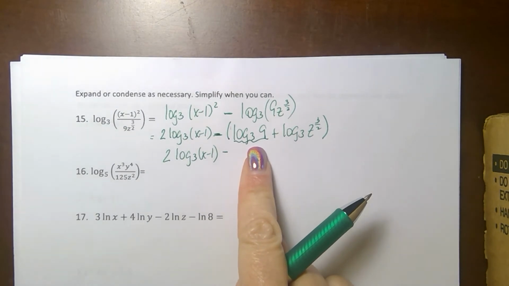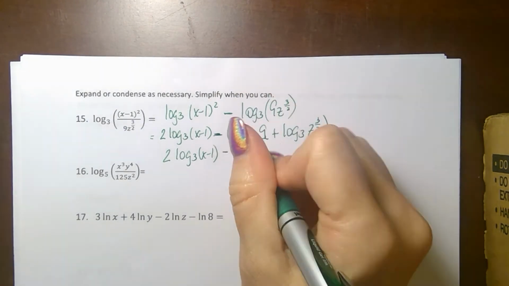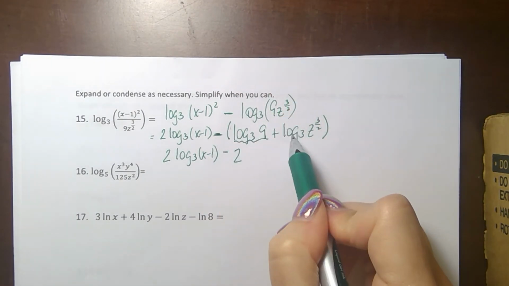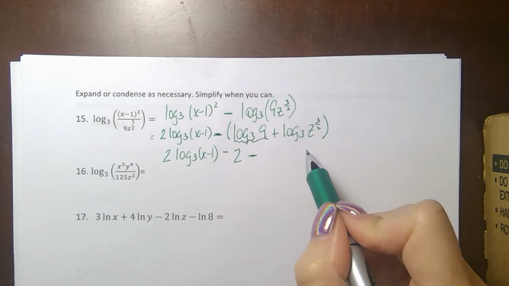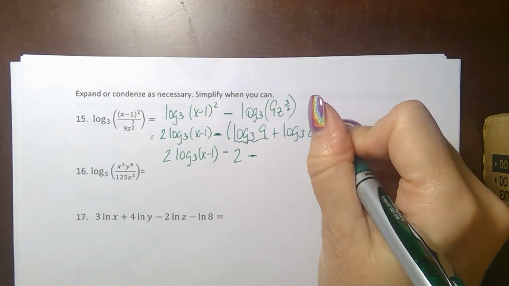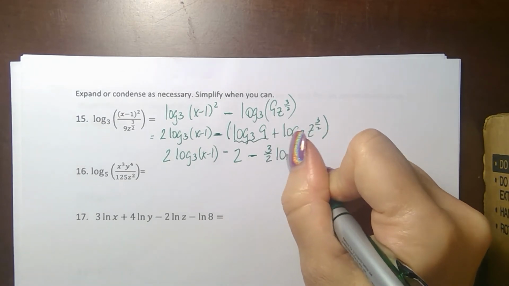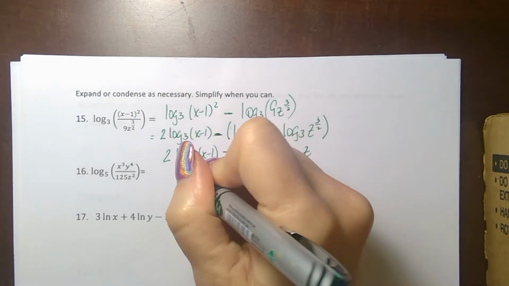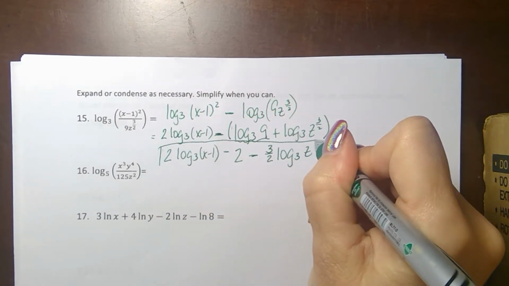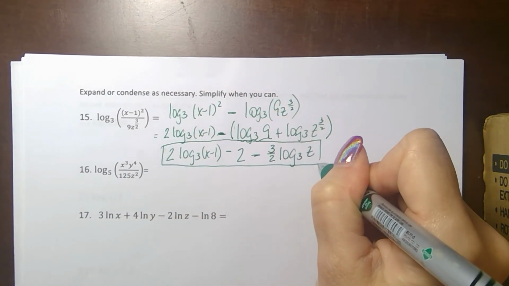What is the exponent of 3 that gives me 9? Well, it's 2. And then minus, this distributes to there, minus log base 3 of z to the 3 halves. We have another power we need to apply. So 3 halves log base 3 of z. And that is completely expanded and simplified.